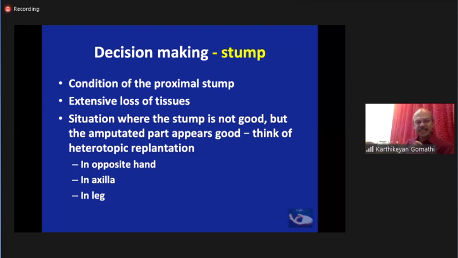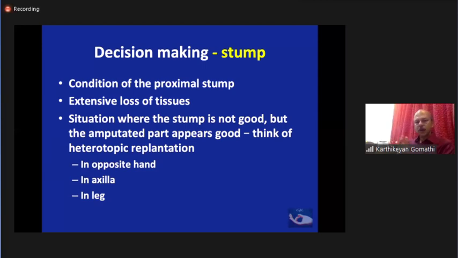If there is extensive loss of tissues, which can occur sometimes in extensive road traffic accidents or machine injuries, even then, because the amputated part is good, you can always do what is known as a heterotopic replantation. That is, the good amputated part, you put it back somewhere else in the body.